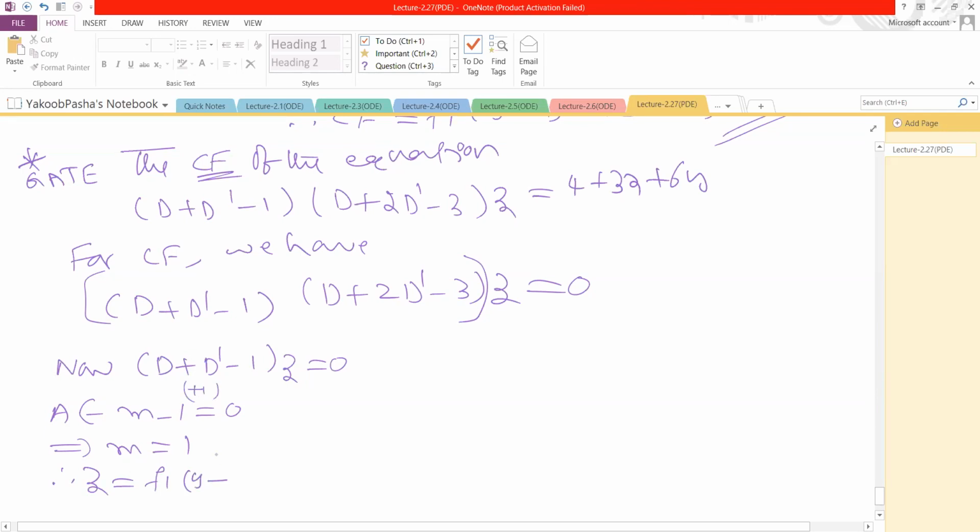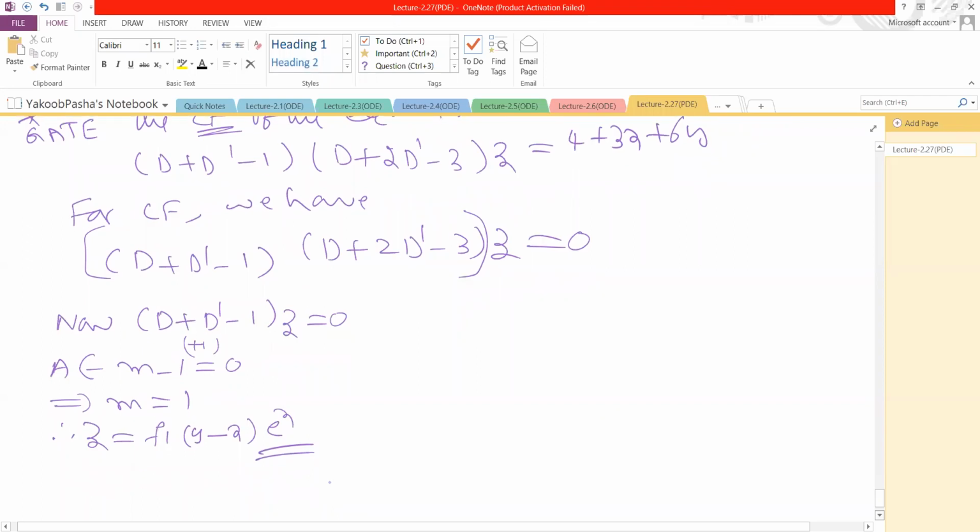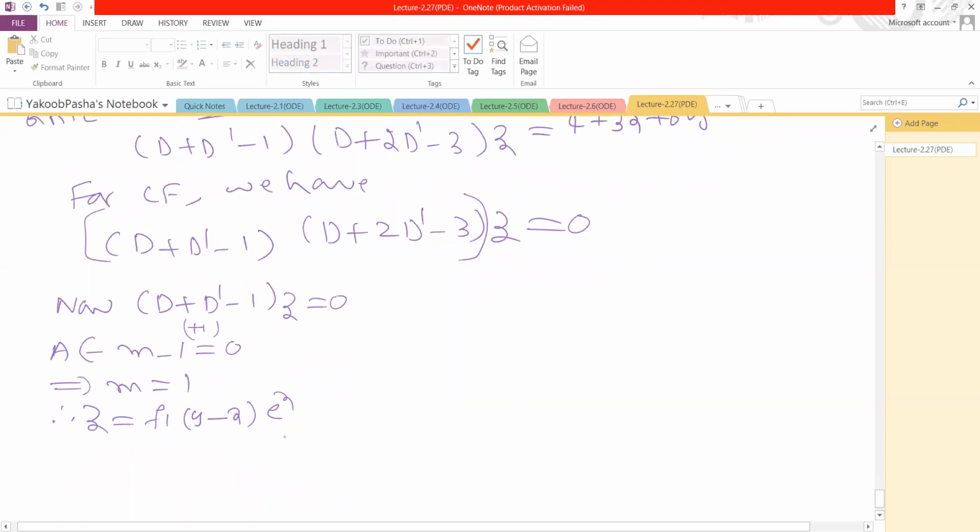So y minus 1 into x, that is minus x, into e to the power of x. When m equal to 1, in an ordinary differential equation we write the complementary function as c1 e power x. In a partial differential equation we write it like this. Okay, this is the b part of the complementary function, a part of the complementary function.